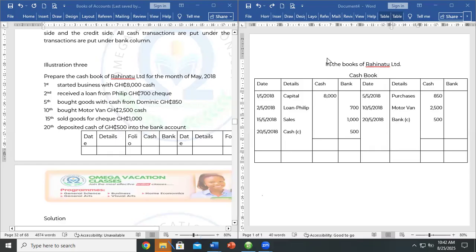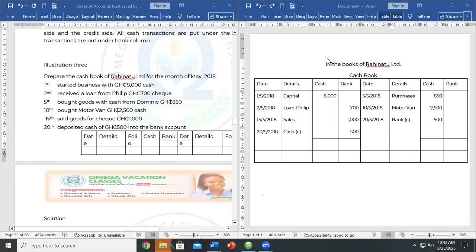So when you see that transaction, cash sales immediately deposited into the bank, don't stress yourself. What it simply means is that you sold goods and the money is in the bank account. So straight away you debit your bank and you credit your sales.